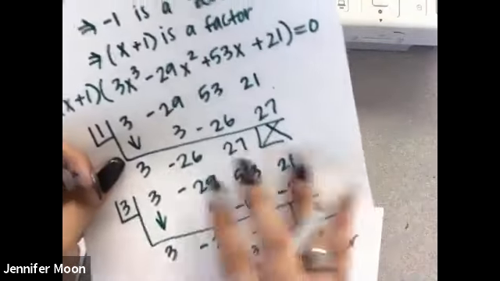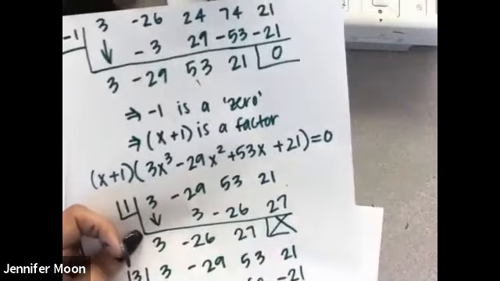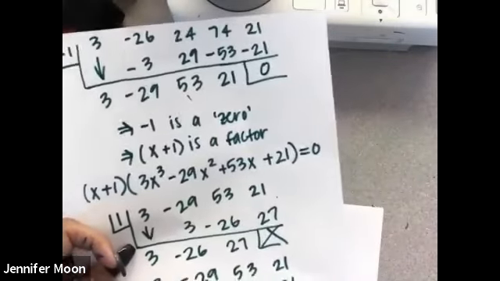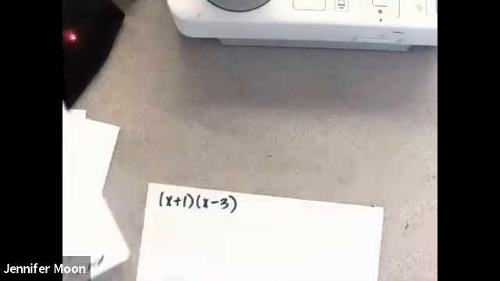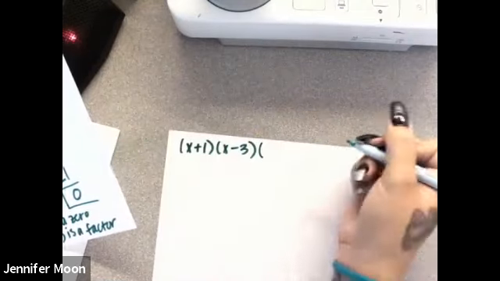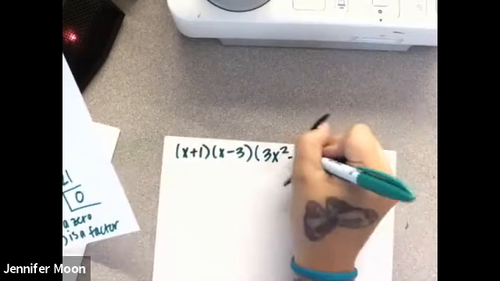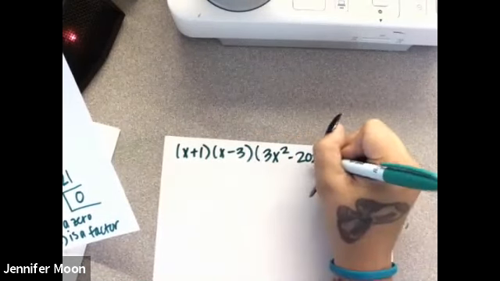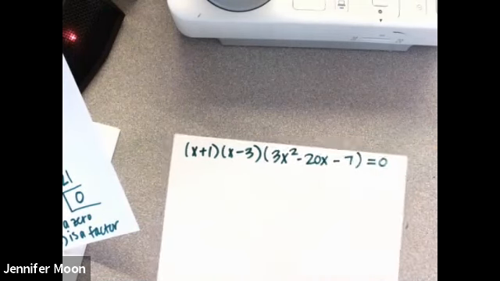When I did this synthetic division, I started here, right? So it was cubed, which means now it's squared. Each time you do it, it's going to go down a degree every single time, okay? So you should have it in front of you, y'all. Your quotient is 3x squared, a negative 20x, and a negative 7. And that's equal to 0 because I'm finding zeros.